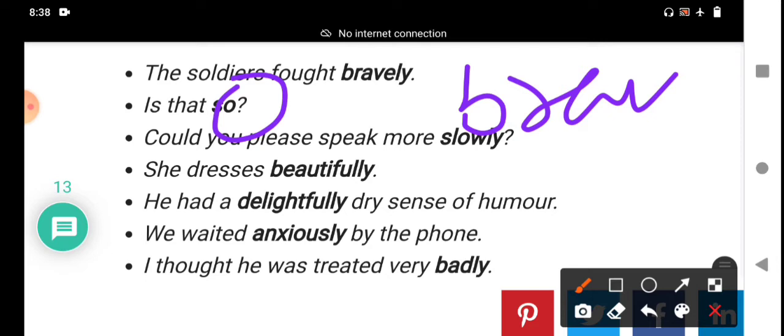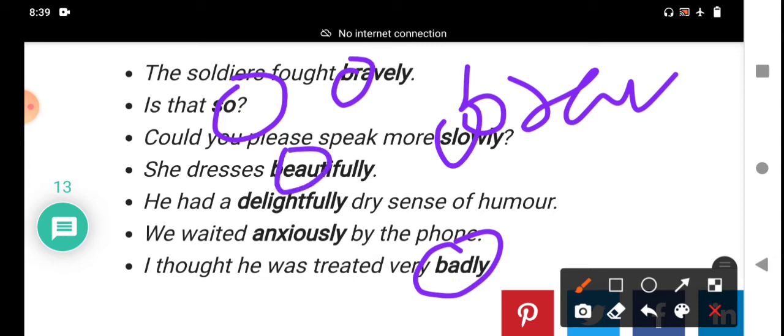He had a delightfully dry sense of humor. He waited anxiously by the phone. I thought he was treated very badly. Brave, slow, beautiful, delightful and bad are adjectives. These are formed from the adjective by adding the suffix ly.